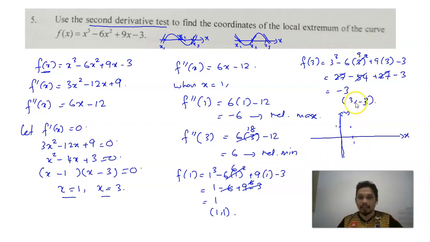And then the coordinate of 3 and negative 3 here. Okay, so relative maximum when x equal to 1, relative maximum here. So the graph will be something like this.